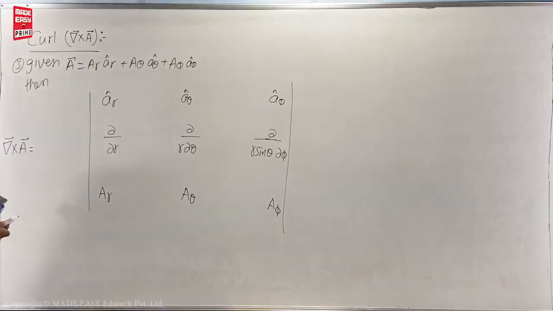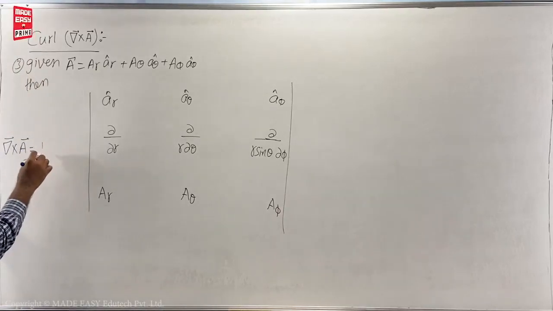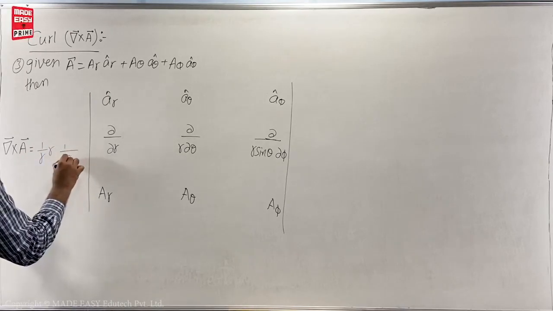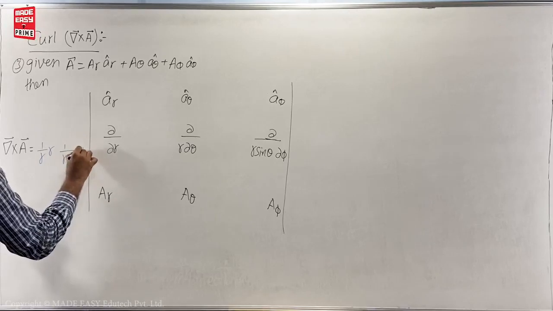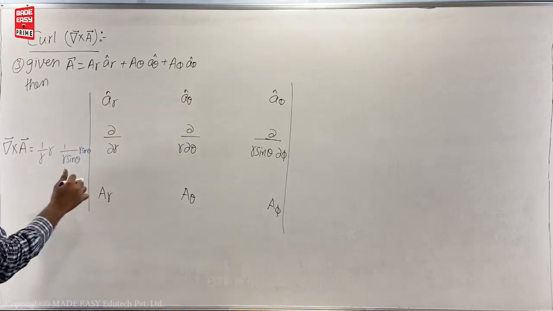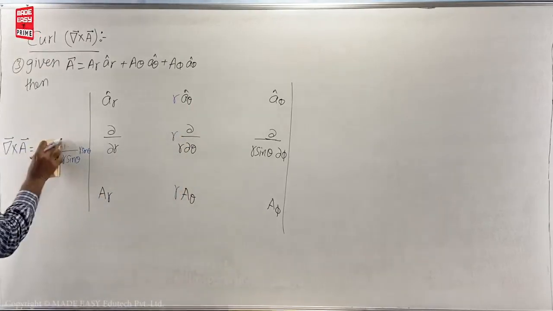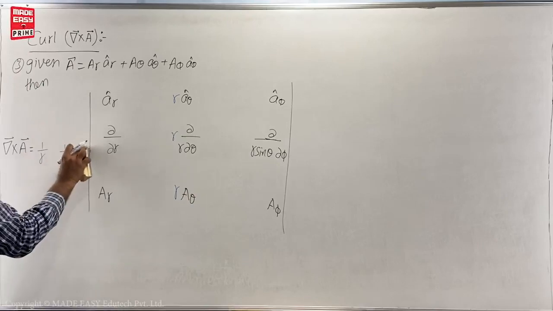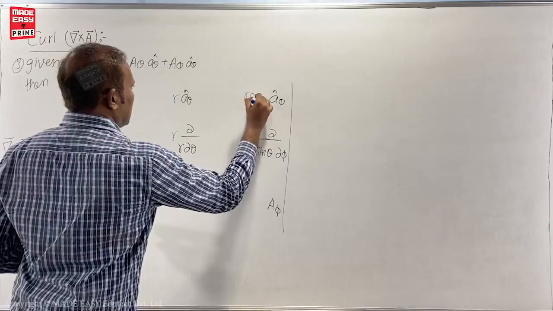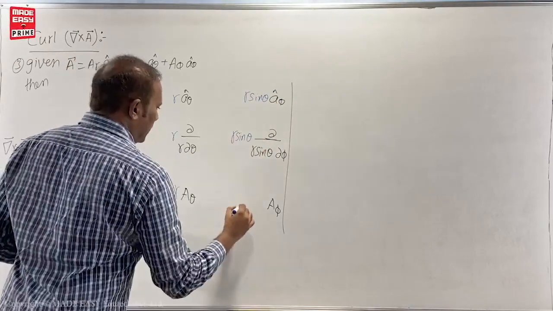So here one is there. What I will do? First I will write here 1 by R into R, then 1 by R sin theta into R sin theta. You send this R here, then here R comes, here R comes, here R comes, so R went inside. Then you send this R sin theta here, then R sin theta comes here also.